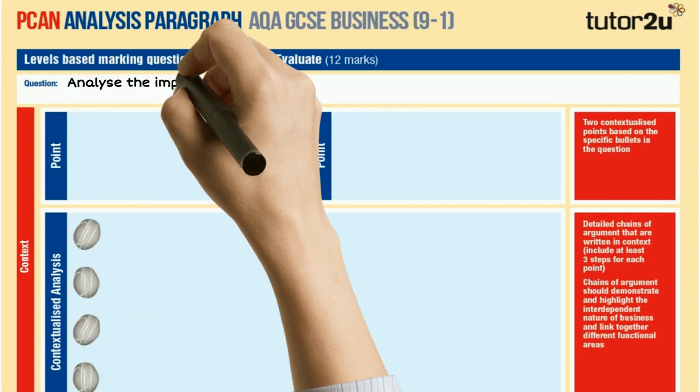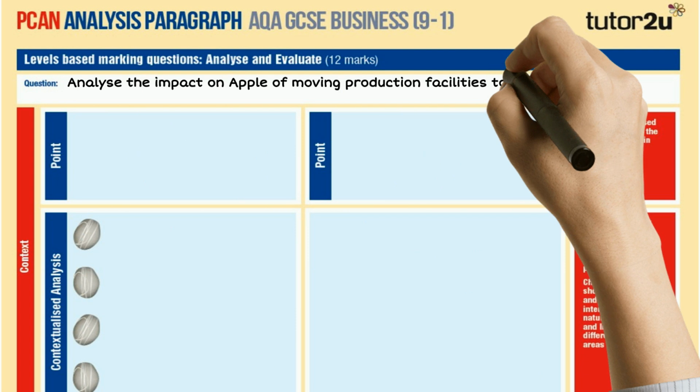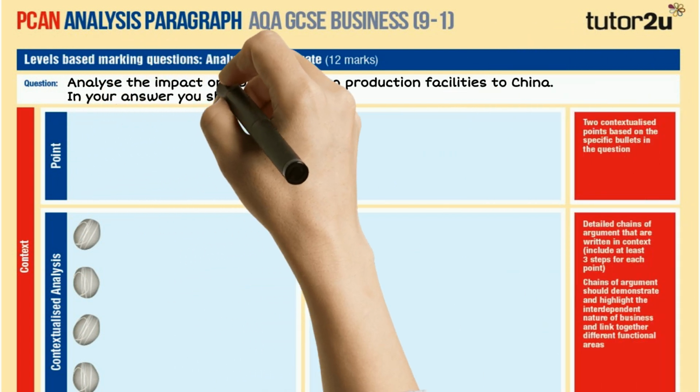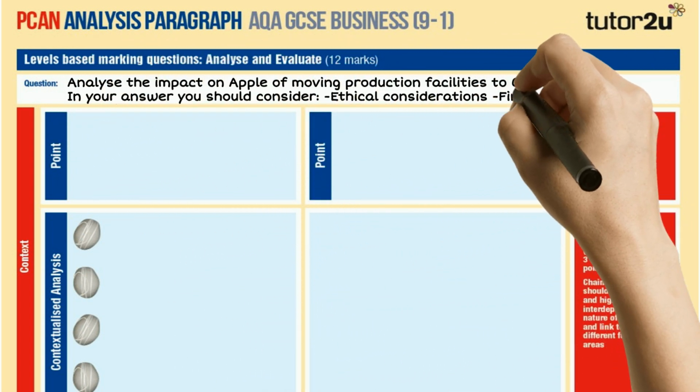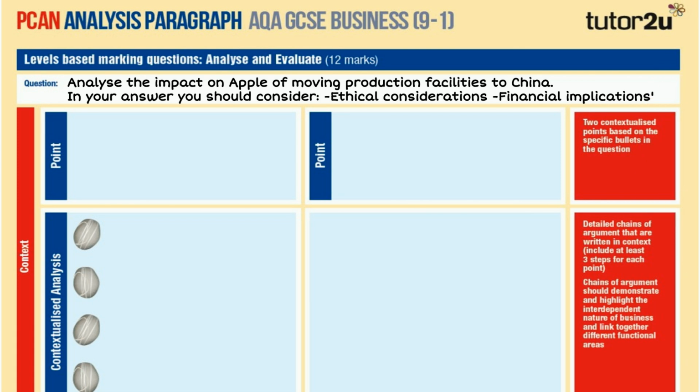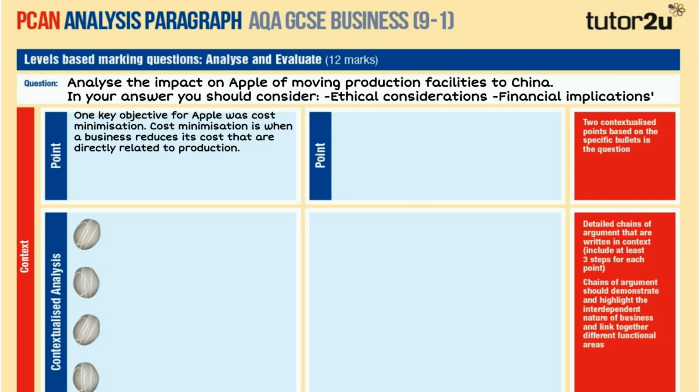How would this look in an exam answer? So let's lay it out. So the question is obviously written for you, then you need to show how you understand the meaning of the words ethical considerations and financial implications, so give a definition here. Then you would continue by making your first point. So the candidate here is making one point here. One key objective for Apple was cost minimization. This is the point, the key point.